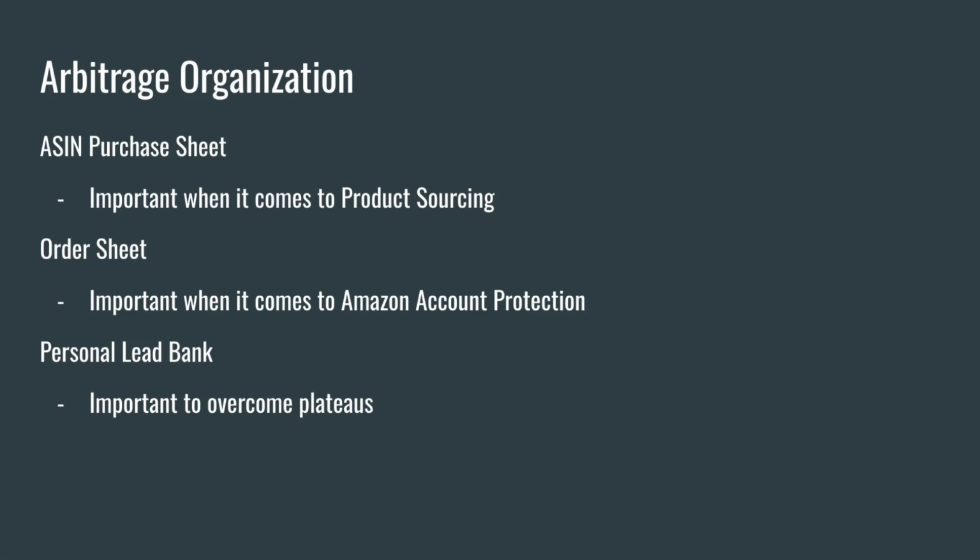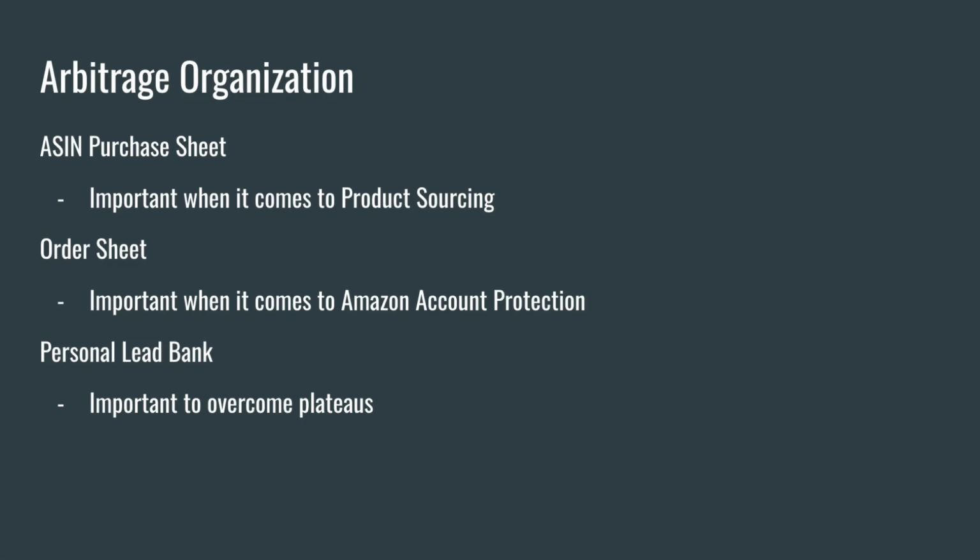All right, so now let's talk about the order sheet. So this is the most important when it comes to Amazon account protection. Especially if you were to get an IP complaint, for example, you want to have good documentation of and good organization of all of your purchases, your receipts, your purchase history, your invoices, your email confirmations, so you can quickly provide that to Amazon.